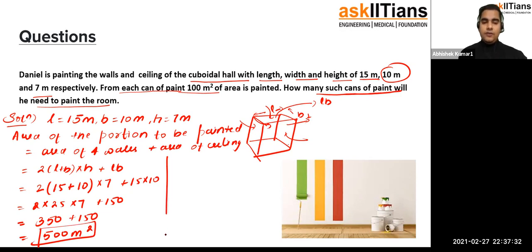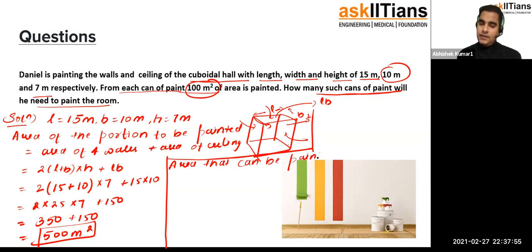Now, what other information are we provided here? We are also provided that using one can of paint, you can only paint 100 meters square of area. So the area that can be painted using one can would be 100 meters square.